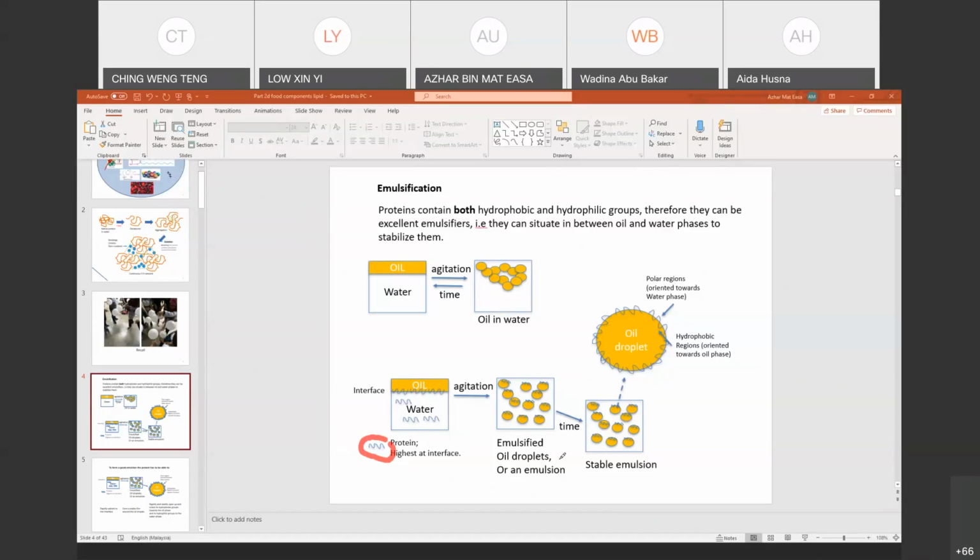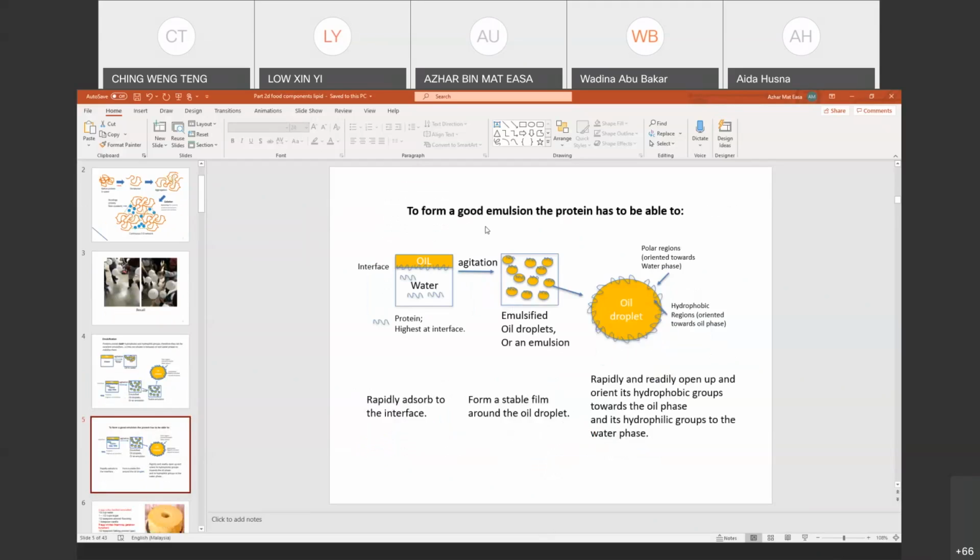It becomes emulsified oil droplets, or emulsion. Now, after you leave it for a long time, gravity can no longer separate oil and water. It becomes a stable emulsion. Now you can distribute whatever you want to distribute, maybe the flavor, maybe anything, in the oil droplets. Okay, done with that.